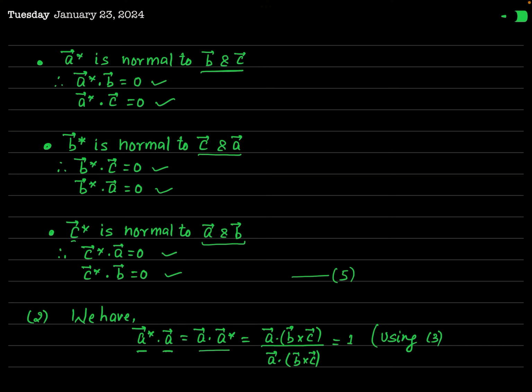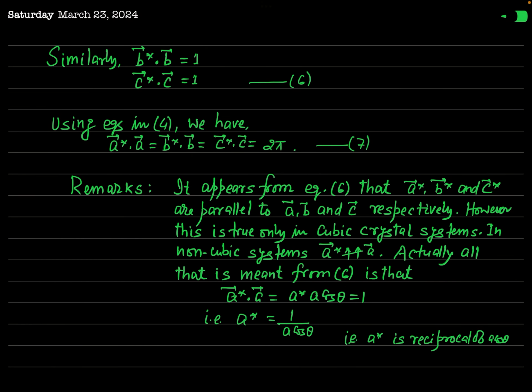And from the definition, A star is equal to B cross C over A dot B cross C. So instead of A star, I have written B cross C over A dot B cross C. You can see that the scalars in the numerator and the denominator are the same, so they cancel out and the result is 1. In a similar manner, the scalar product of B star with B and C star with C will also be equal to 1.